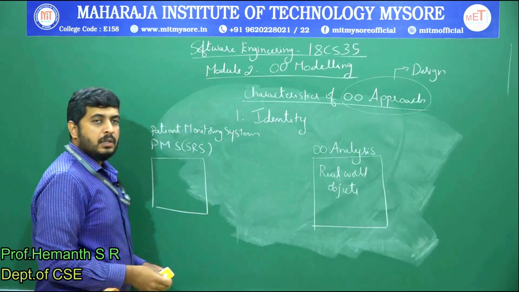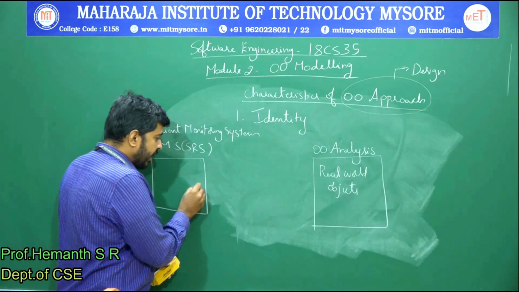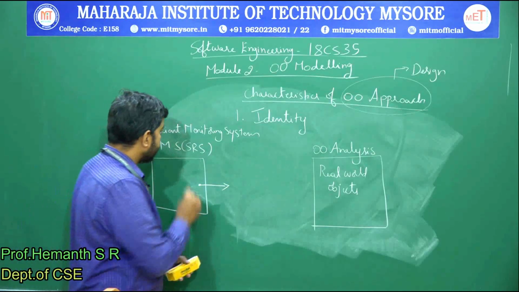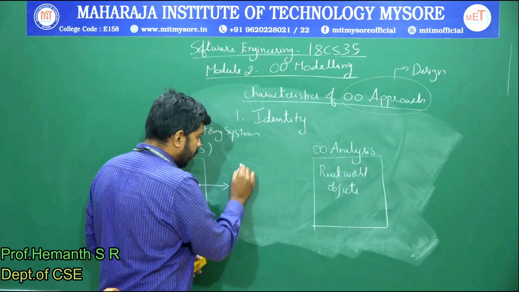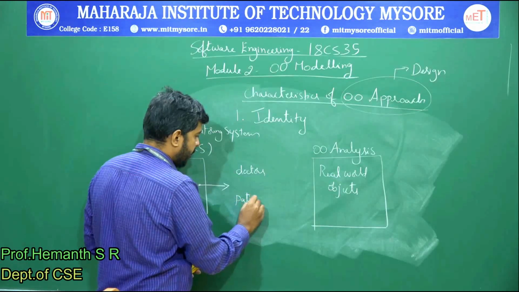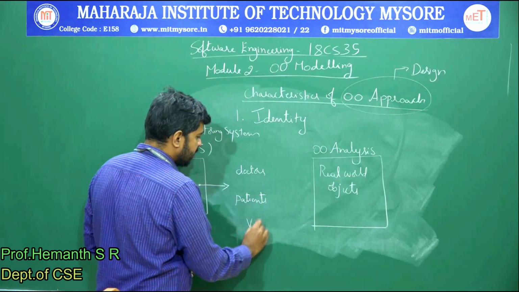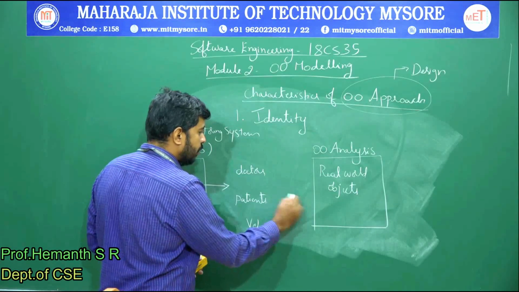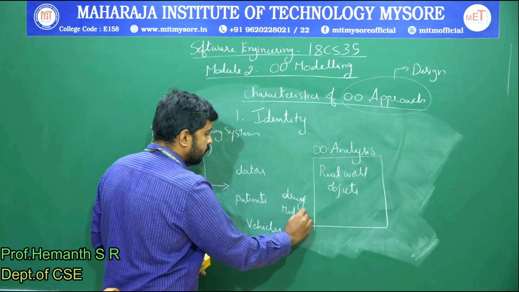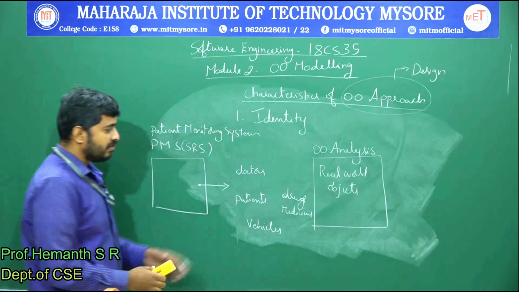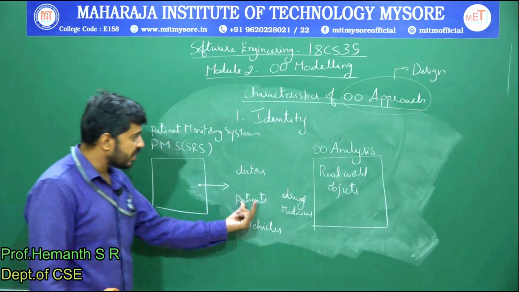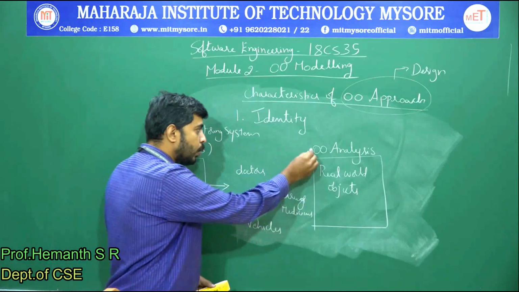So what real world objects can I identify from the SRS of a patient monitoring system? From a PMS I can derive maybe doctors, patients, vehicles, or drugs or medicines. These are a few real world objects present in a patient monitoring system, and these things are identified in what we call OO analysis.